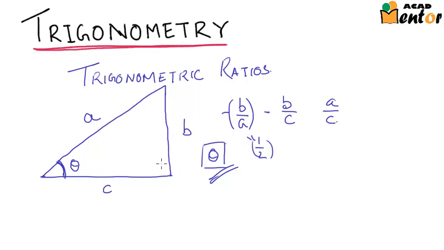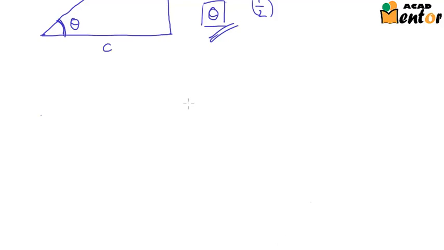Now you might have heard of terms like perpendicular and base being loosely used to define these trigonometric ratios. Let's see what those are. The definition of perpendicular and base only depends on what angle you choose. Let this be the right angle triangle, say ABC. We know that in a right angle triangle, the longest side is always the hypotenuse.